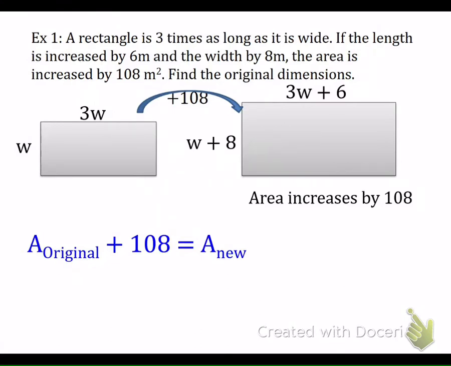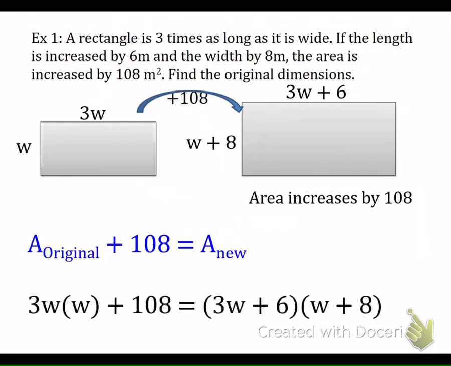How would I find the area of this rectangle? Length times width. So 3W times W? Okay, so I'm going to take this out. I'm going to put 3W times W in instead. Okay? To that, I'm going to add the 108.